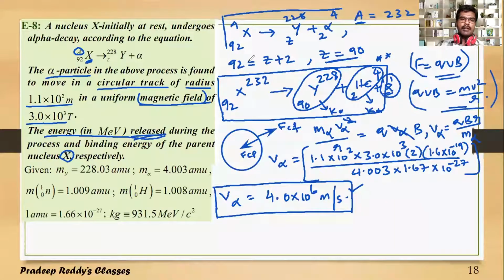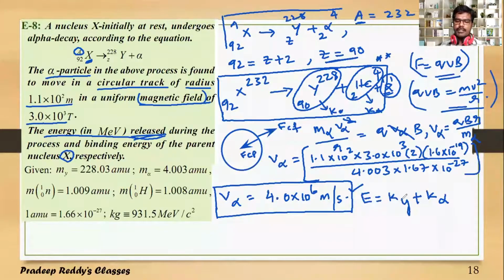of course the heat released in the process will be slightly less than that of kinetic energy of those two products. So in order to find out energy released in this process, you should use this relation. Total energy released is equal to kinetic energy of the element Y plus kinetic energy of alpha particle.